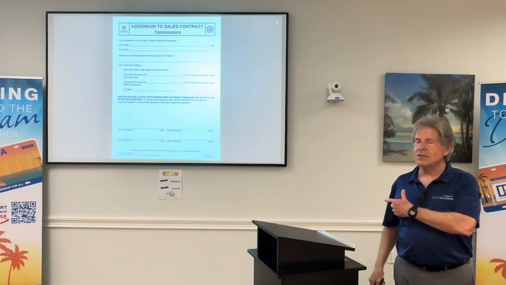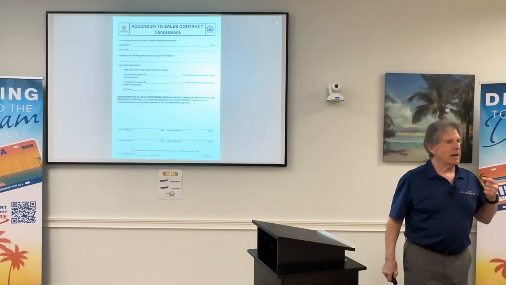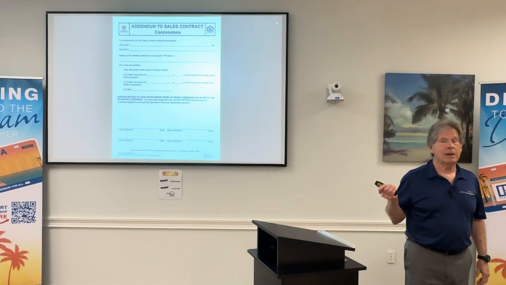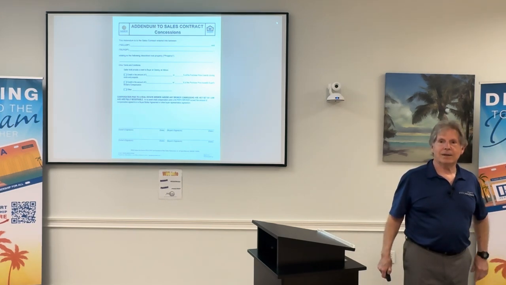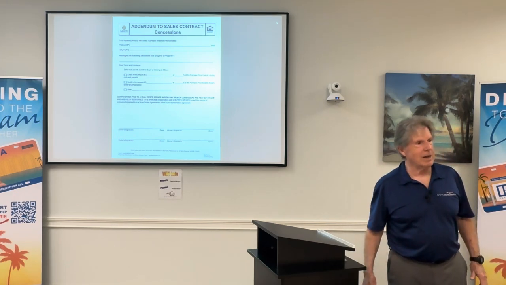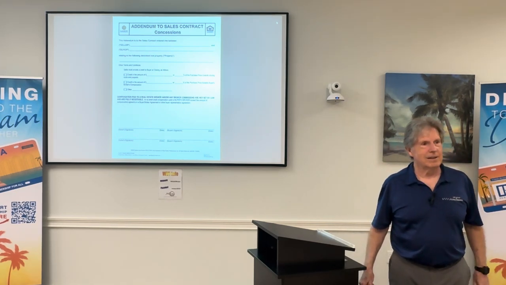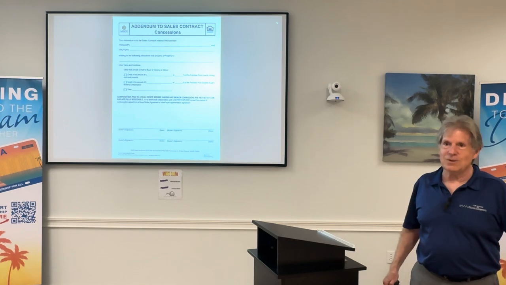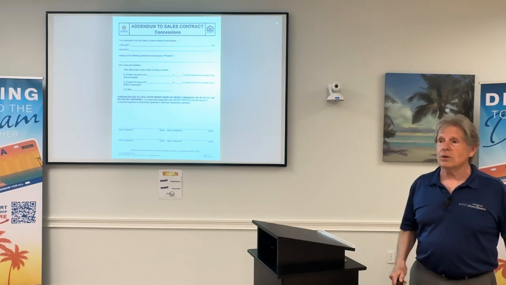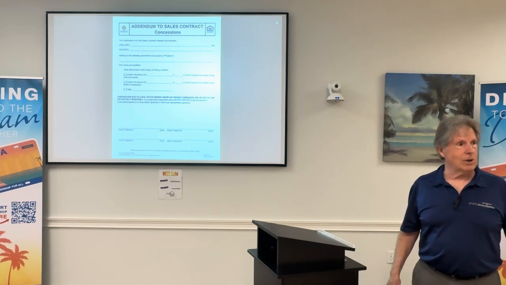So I see this. I had a broker in Fort Pierce argue with me that this was okay and it's the same money. And I had to say no. And I was the executor of an estate. And I said, no, we're not signing that because I'm not going to pay twice the same money. And then the agent elevated that to their broker who continued to argue with me.